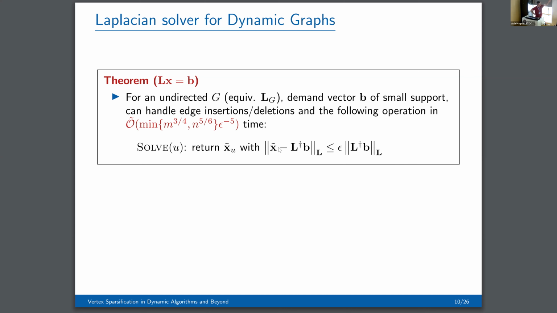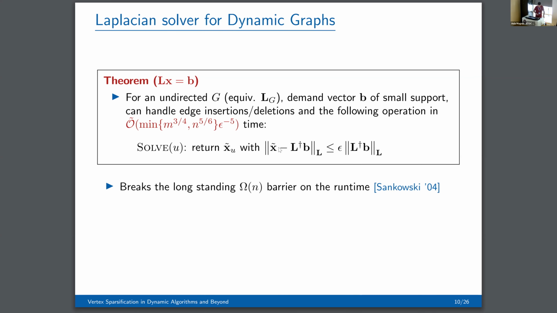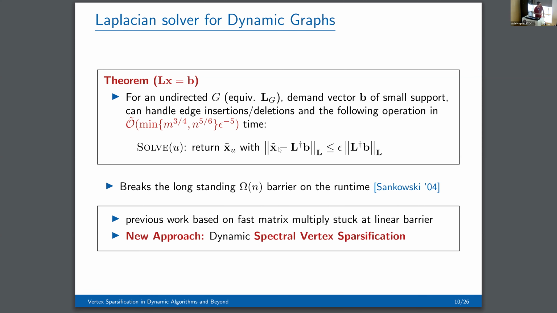Again, we can extend these techniques and show that you can solve dynamic Laplacian systems in sublinear time. Previous works, as you saw from Jan's talk, were all based on fast matrix multiplication or rectangular matrix multiplication, and they couldn't go below this linear barrier. So the message here is that if you look at this subclass of linear systems, then you can get sublinear times.